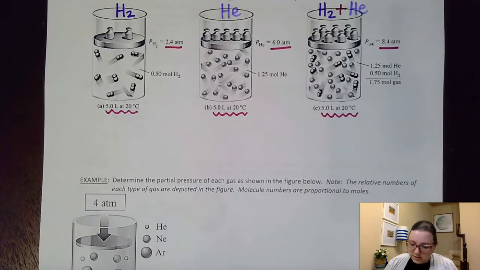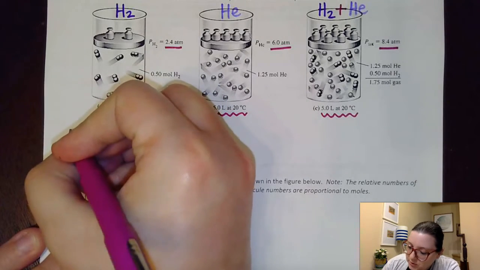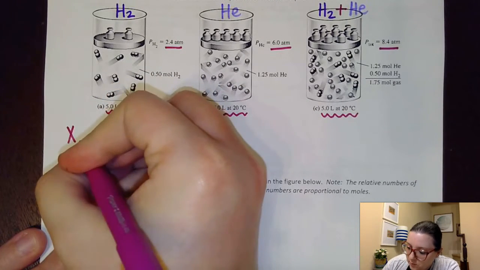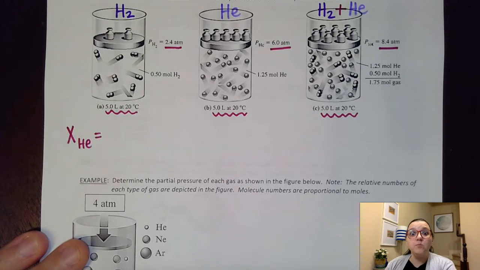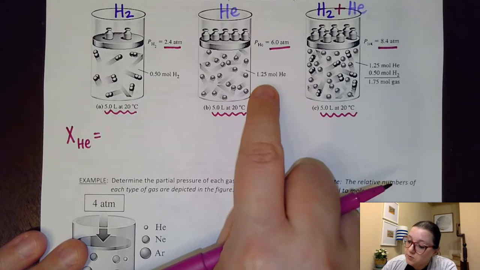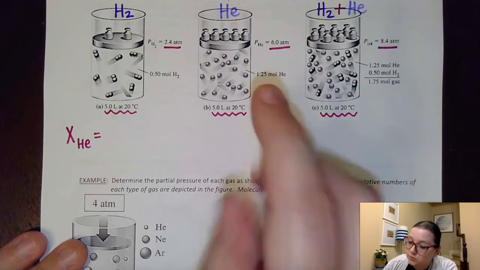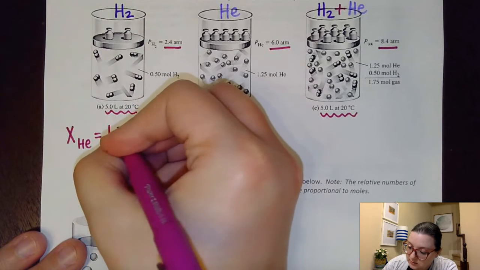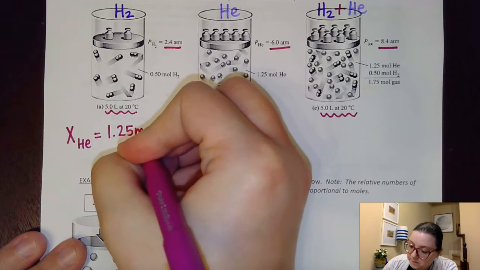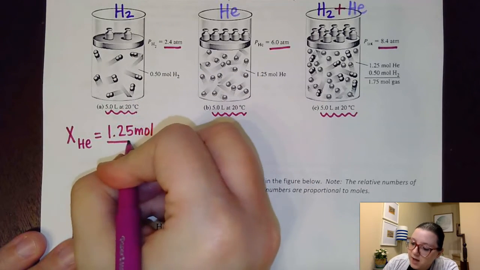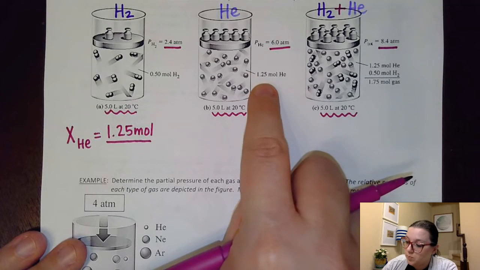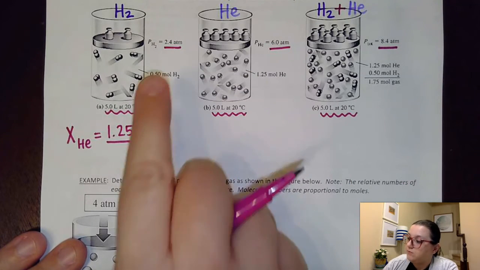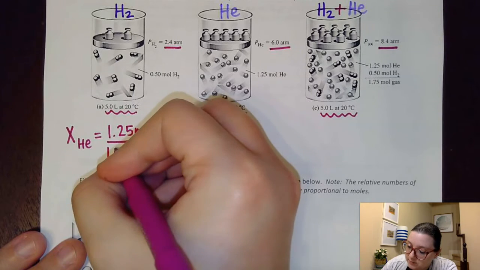So to see this in action, I'm going to do a mole fraction for helium. To do that, I would take the moles that I had of helium. If you notice back up here, I had 1.25 moles of that gas. And I'm simply going to divide it by the total number of moles that were present. In this case, 1.25 plus 0.5, which would be 1.75 moles.